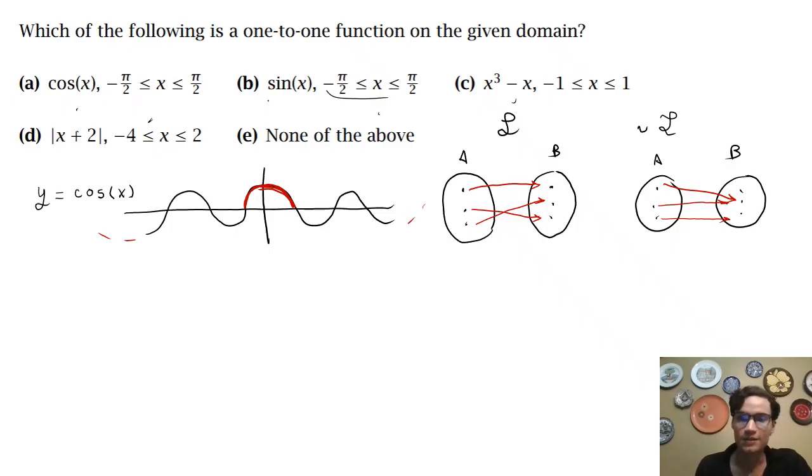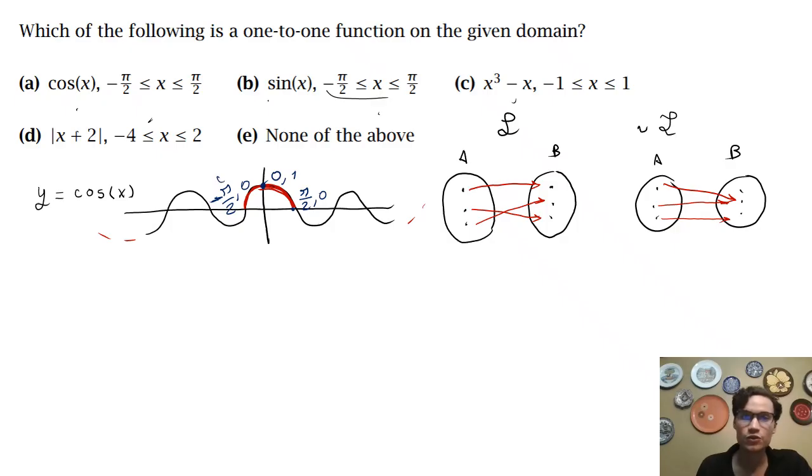Let's grab blue color. When x is equal to 0, y is equal to 1. When x is equal to pi divided by 2, y is equal to 0. When x is equal to minus pi divided by 2, y will be 0.